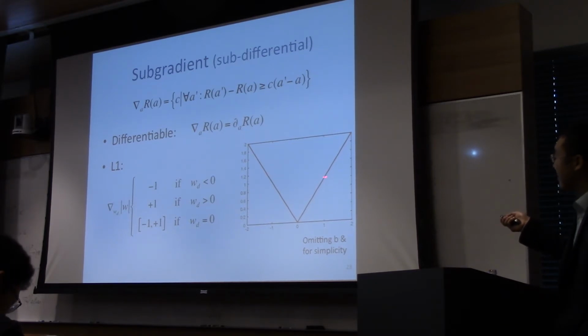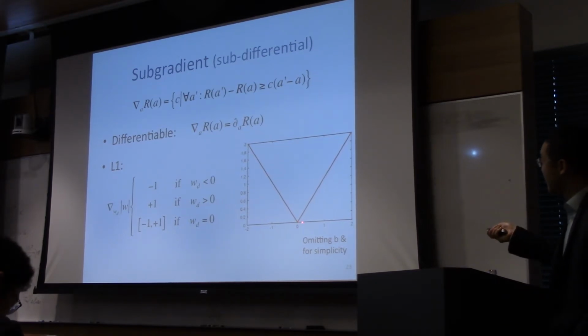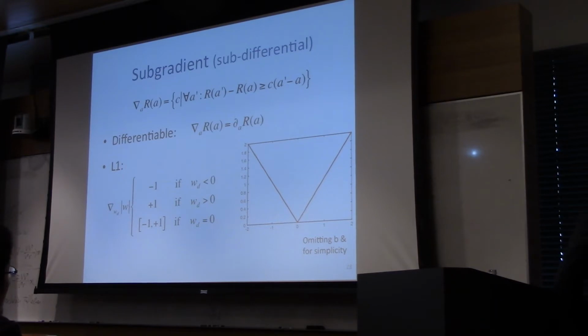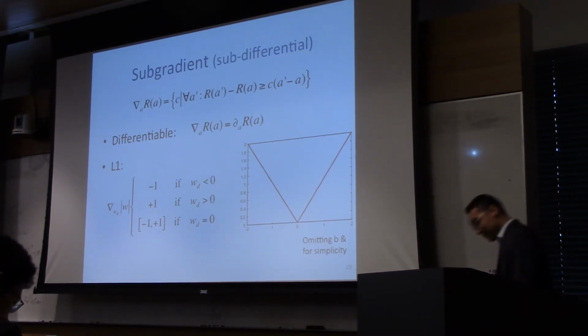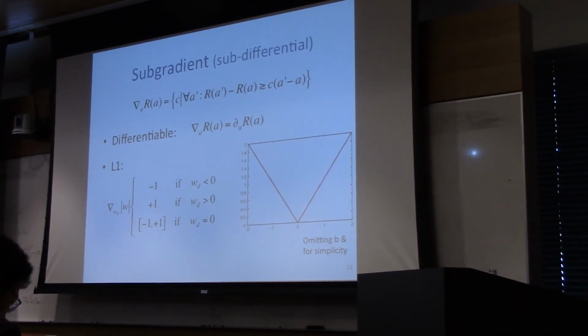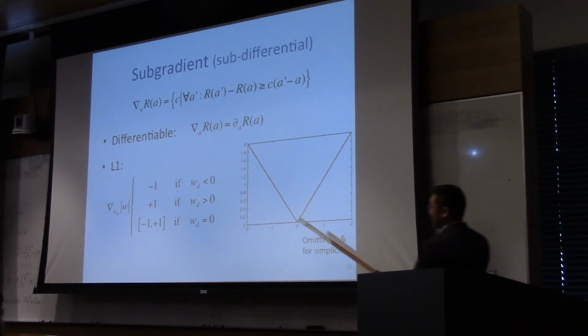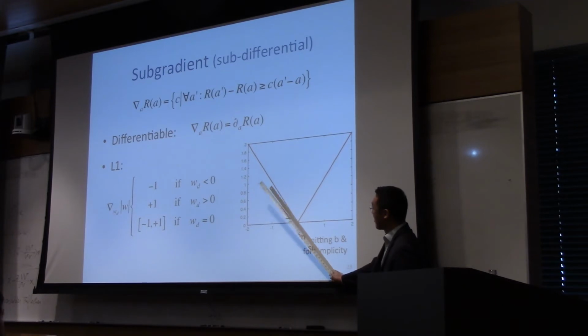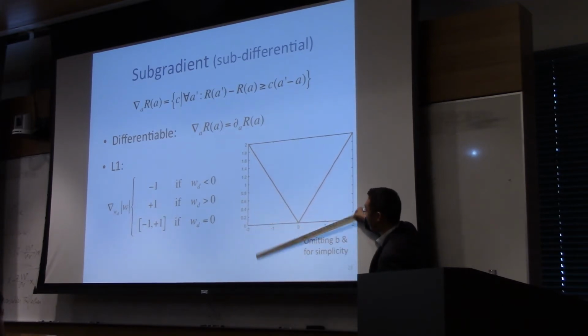The gradient at the positive point is +1, and at the origin, it's anything bounded between -1 and +1. That's what's defined in this set. So in other words, for convex functions that are non-differentiable, the subgradients are all possible slopes that lower bound the function.